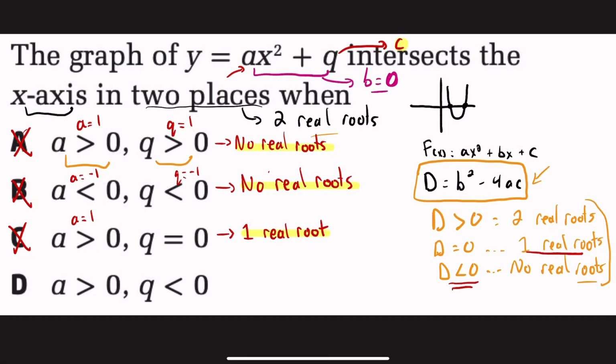Now that only leaves us with one option left, but let's double check it anyway in case this could be a faulty question. So we're going to, again, apply these scenarios. Let's say a is greater than 0, which means that a would equal 1, and q is less than 0. So let's make it -1. We're going to plug these into the discriminant formula as follows and see what we get.